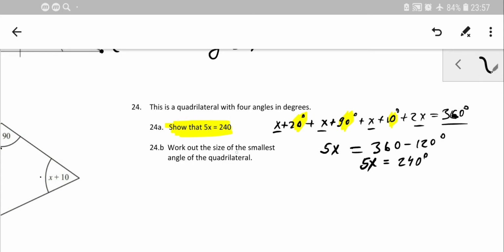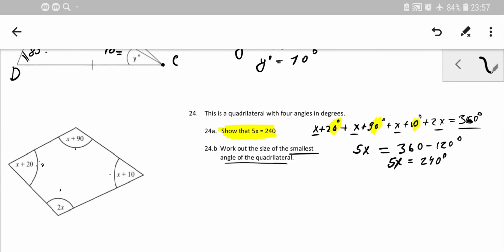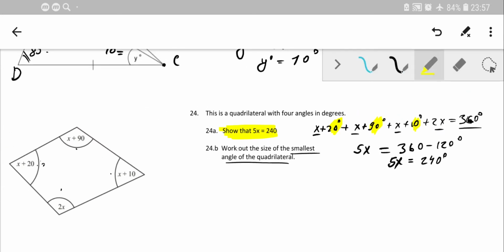Now, work out the size of the smallest angle of the quadrilateral. To answer question B, first we need to figure out x itself. It's not the angle, but the variable. Let's do 240 over 5, which is simply 48 degrees.